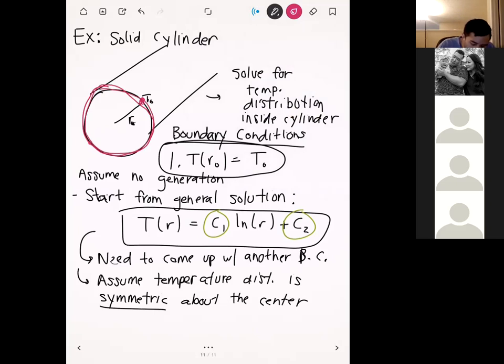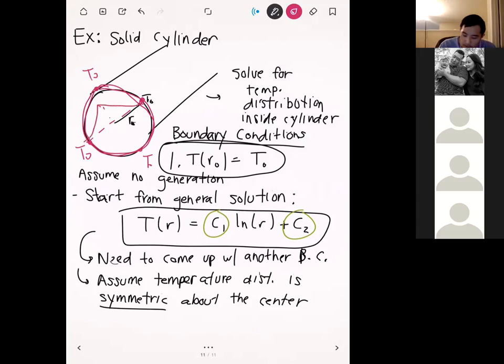So that means it's going to be T naught over here as well, and T naught over here. And so if we draw a line that goes from one side of the cylinder to the other, in order for it to start and end at the same place, it physically has to have a symmetric profile. So it has to look something like this.